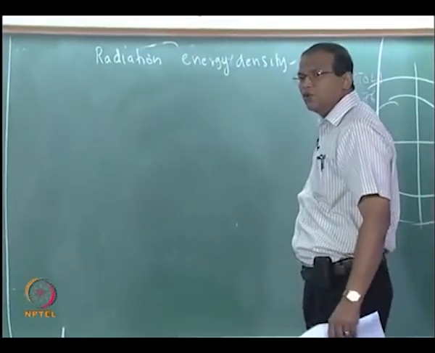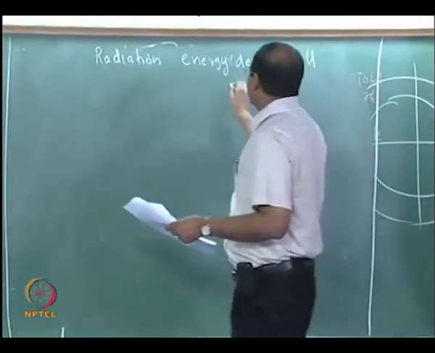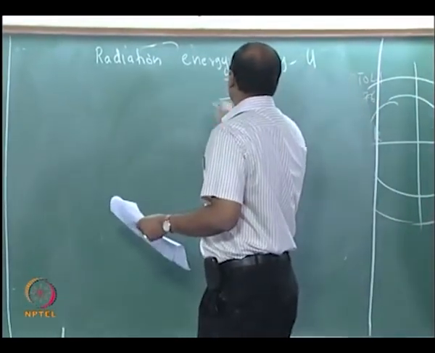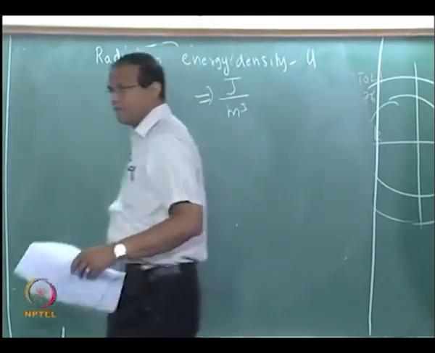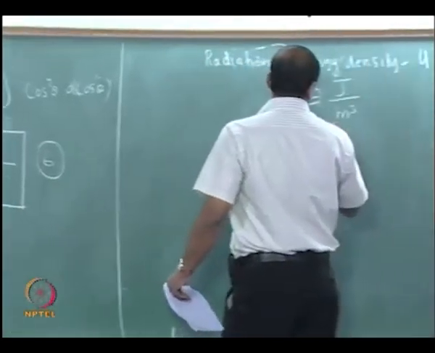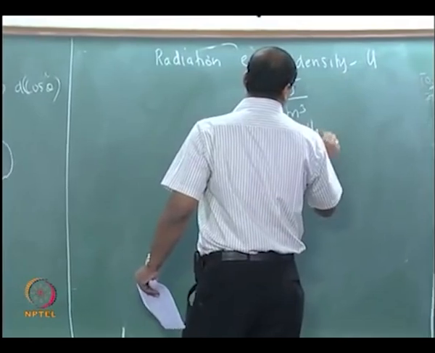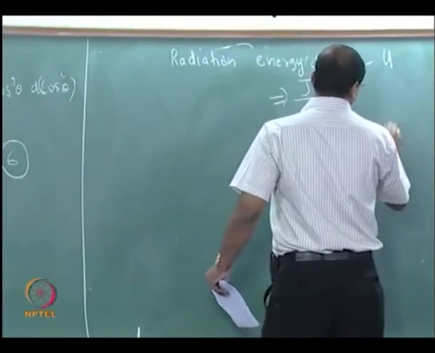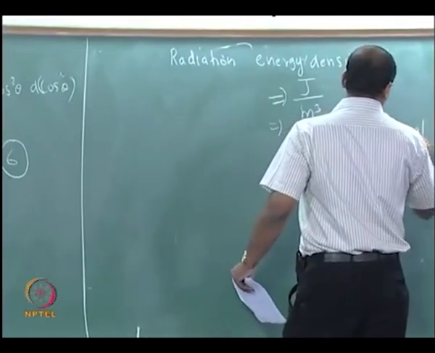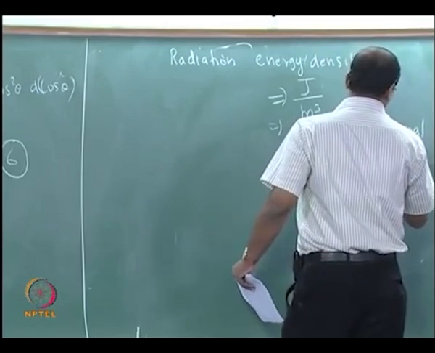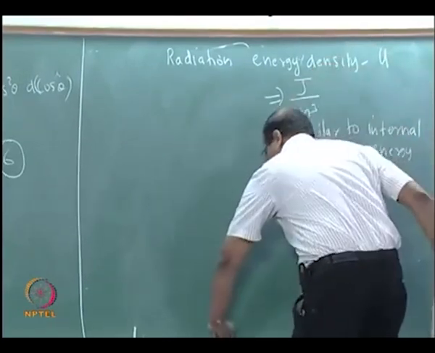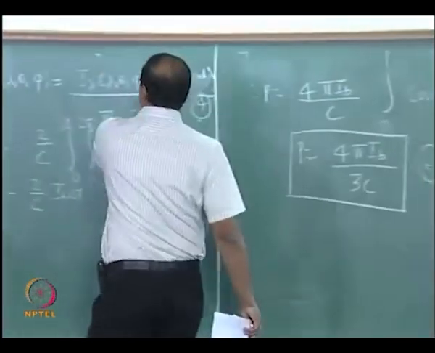Radiation energy density is U, it is like internal energy, joules per meter cube. So we need a figure for this. I start from here.